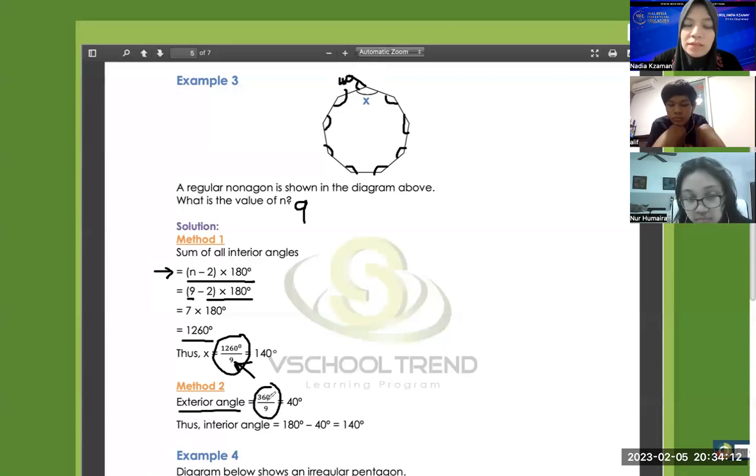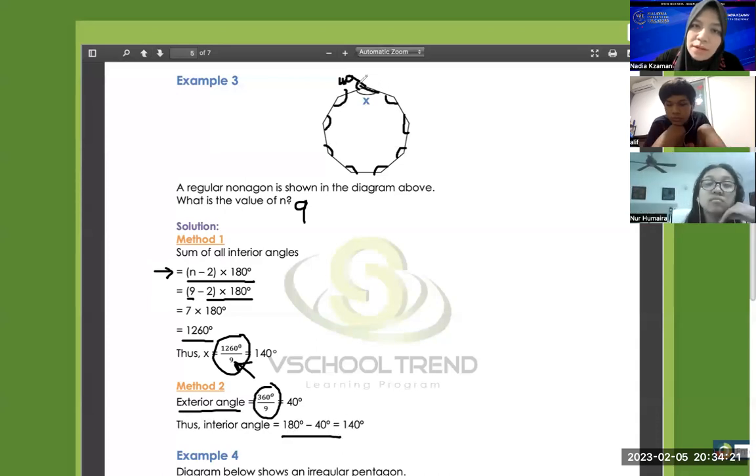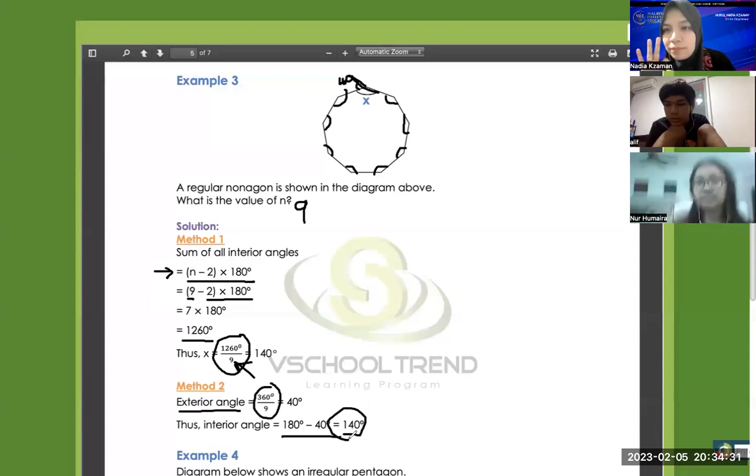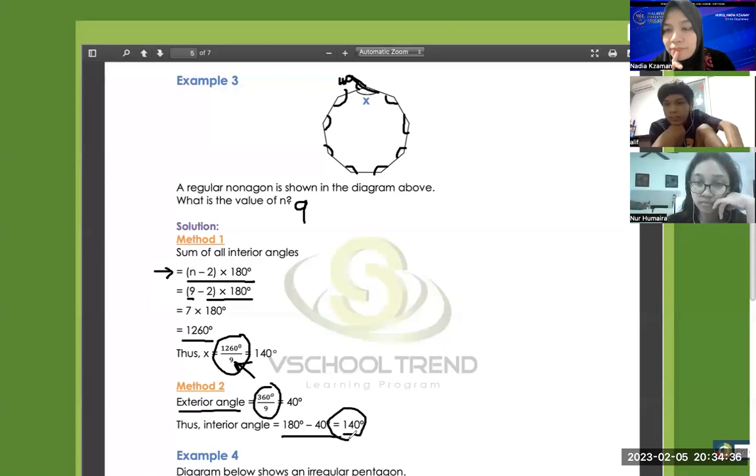So 360 divided by 9, you get 40 degrees outside. Because this is one straight line, 180 minus 40, you get 140 degrees. Okay?